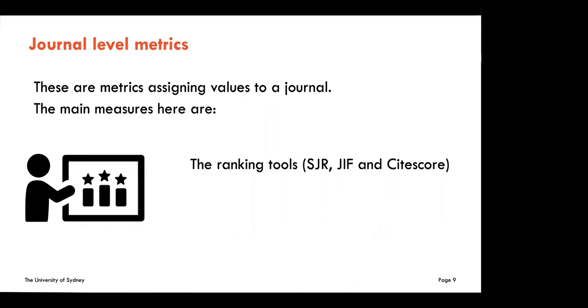It looks at the average number of citations in each year over the past 3 years. And again, it just tries to rank the journal within a subject area. With those three tools, if you're looking at publishing in a particular journal, always look for the one with the highest number.